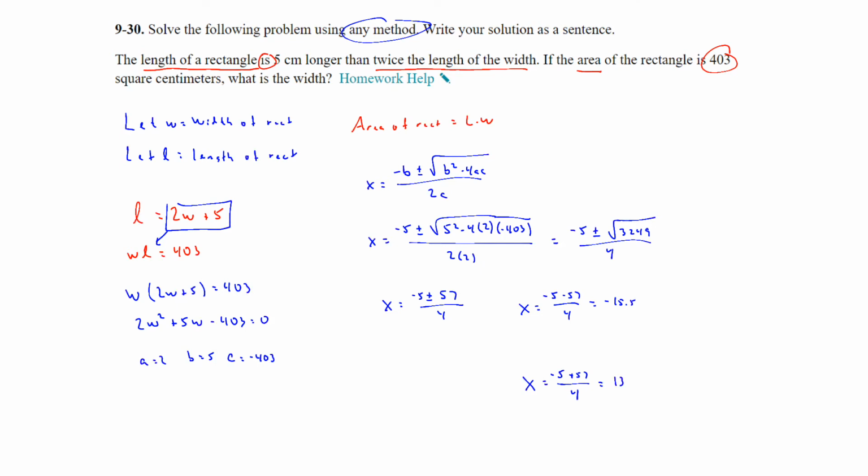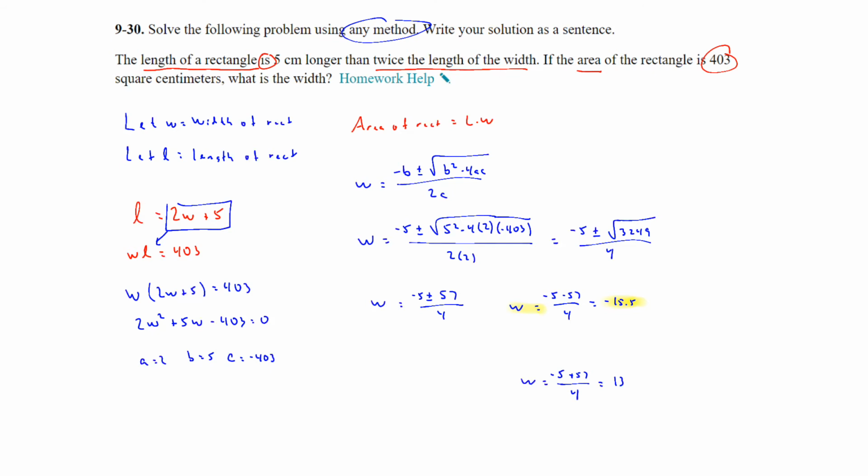Now, if you go back to my original, I actually wasn't solving for x, I was solving for w. So all these x's here, in reality, in this problem, represent the w, because that's what we were solving for. So I'm going to switch them all out for w's just so you can see. Now, we run into a little problem here because we have w is equal to negative 15.5, or 13.